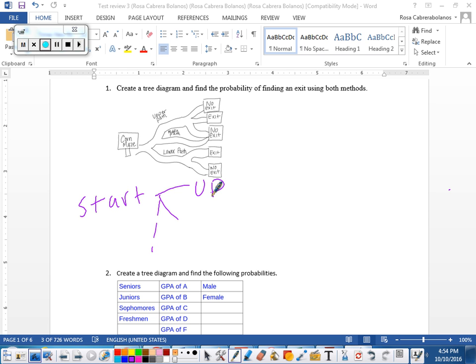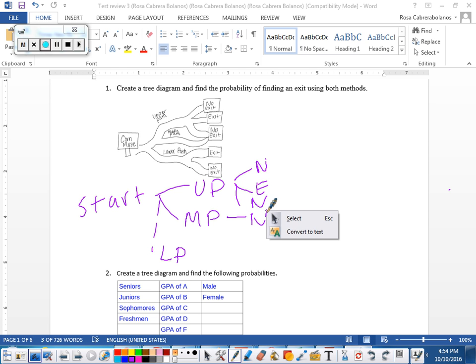So you have your upper path, middle path, and lower path. And then the upper path has no exit, exit, no exit. And then the middle path only has no exit, and exit, no exit. Now from here, you're going to find the experimental probability.